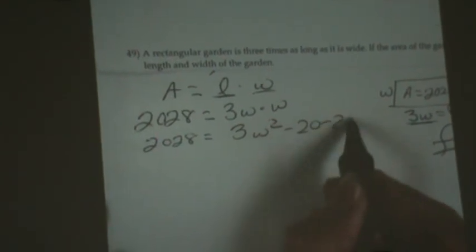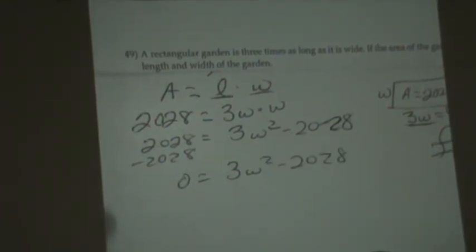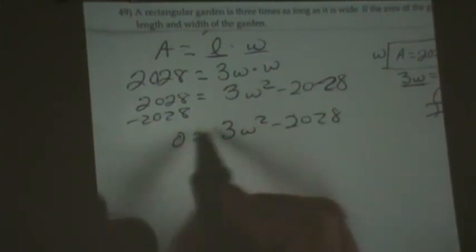To equal 0, subtract this 2028. 3W squared minus 2028. So we need to divide by 3, right? To factor. 3 will go into that.